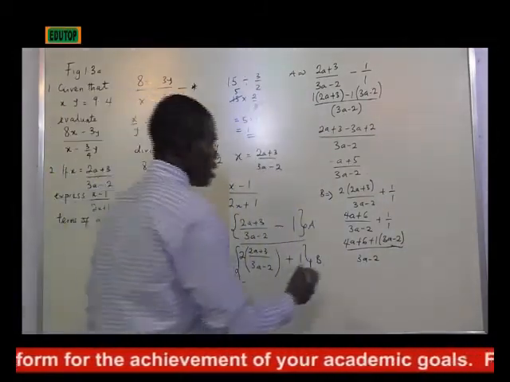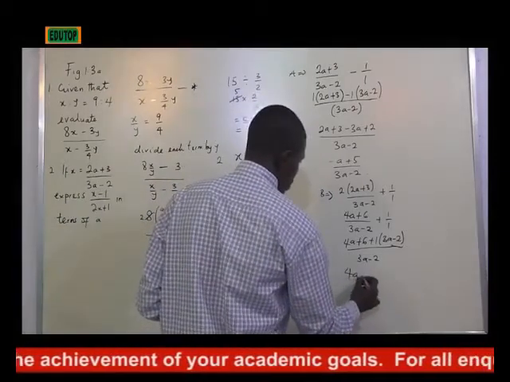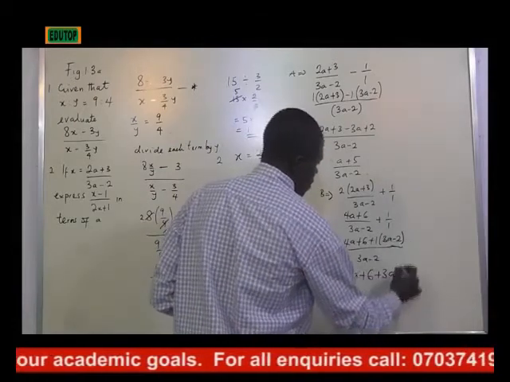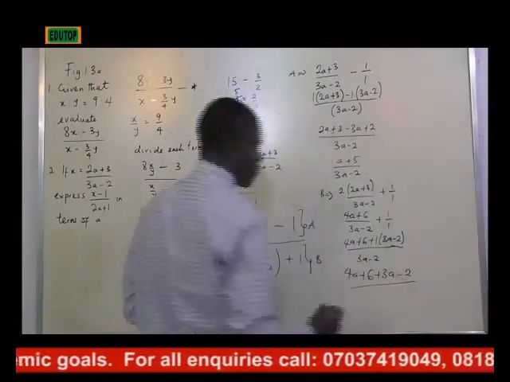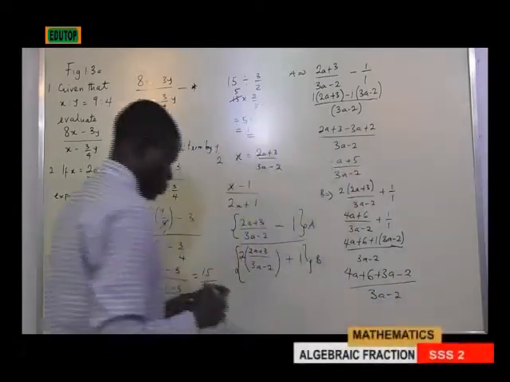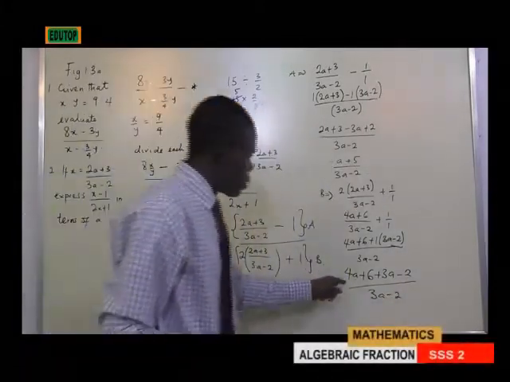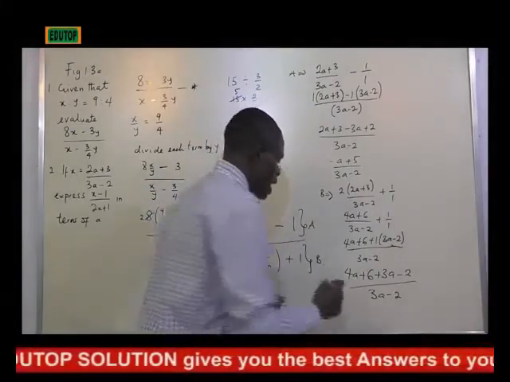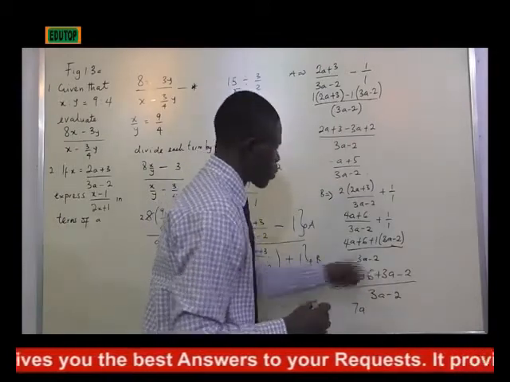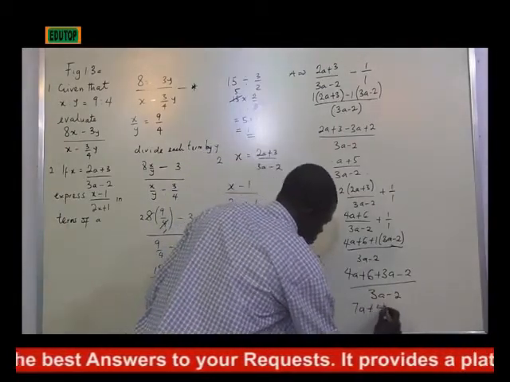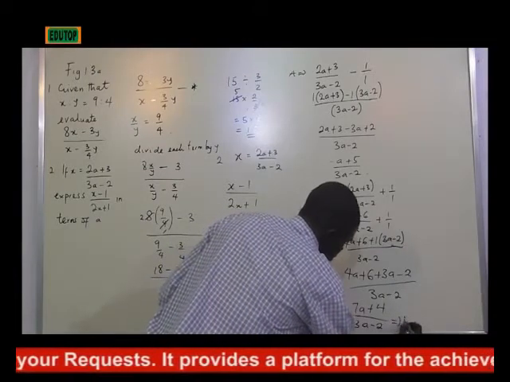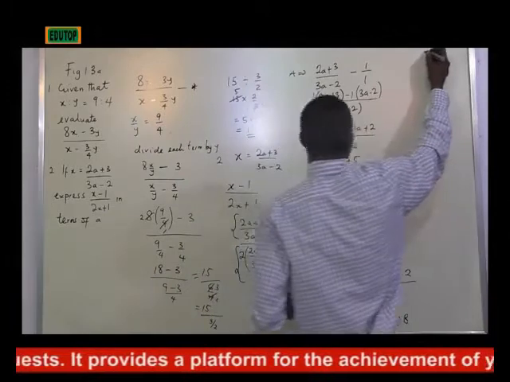Then I'll have 4a plus 6 plus 3a minus 2 over 3a minus 2. 4a plus 3a gives 7a, plus 6 minus 2 gives plus 4 over 3a minus 2. This is my b.